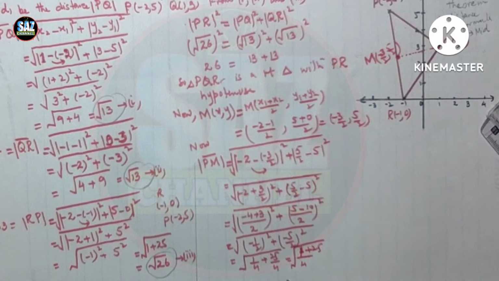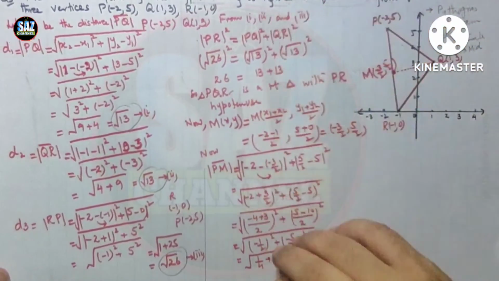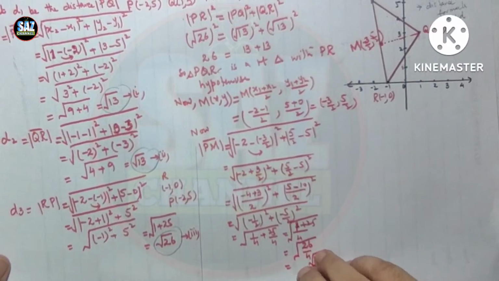Either I can leave my working at this stage, or what we can do is 26 by 2 and let it be. Then I have to find the second distance.